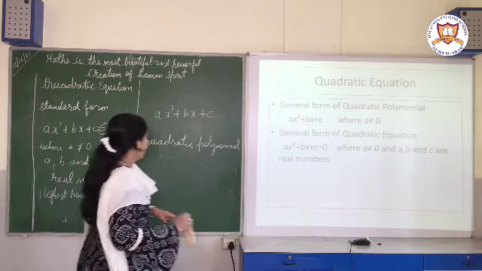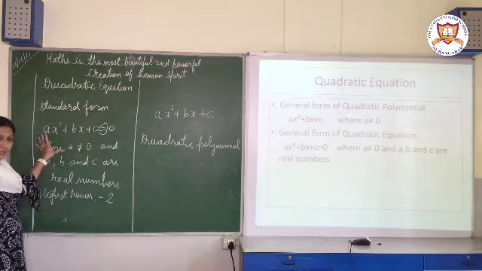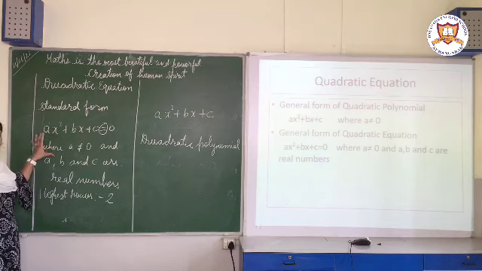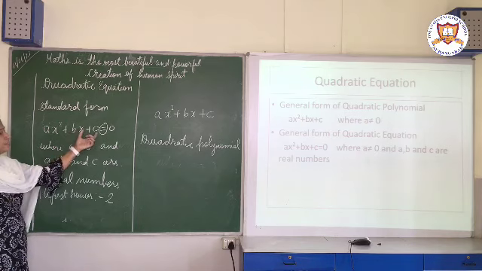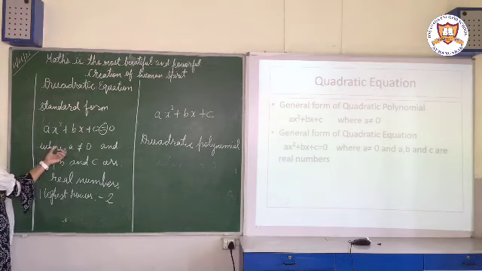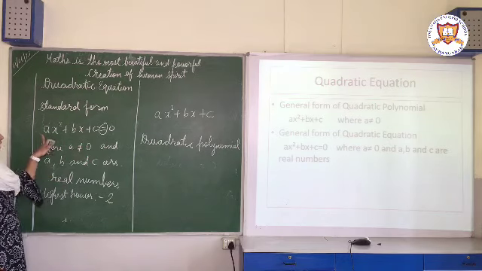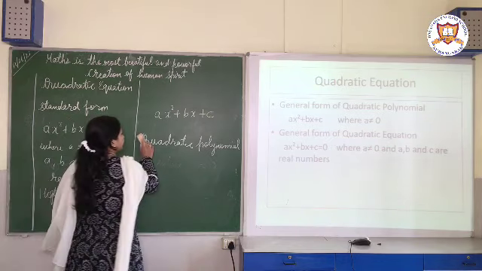Okay. So now I hope you have understood what is the meaning of the quadratic equation. Quadratic equations are such equations which can be presented in the standard form, that is ax square plus bx plus c is equal to 0, where the condition is a should not be equal to 0 and a, b, c are constants or real numbers.